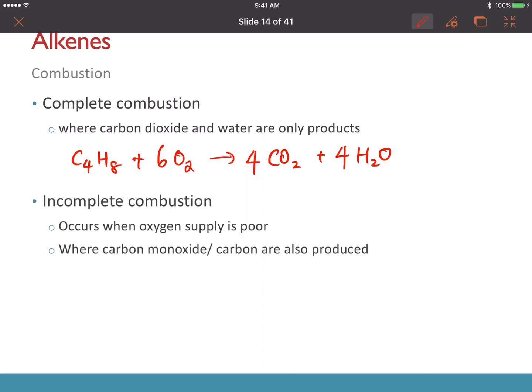Or it is also possible for there to be incomplete combustion. Okay, let's say C4H8 again, plus oxygen. When the supply is poor, I will get carbon monoxide plus water. Okay, again there should be 4 here, then water, there should be 4 also. But you will notice that the amount of oxygen that I use in this case will be lesser. 4, 4, 4. Okay, then I'll just give you one example.